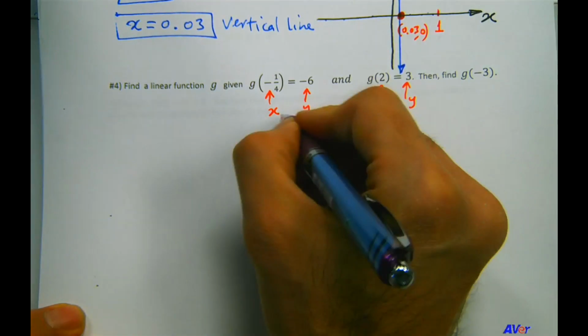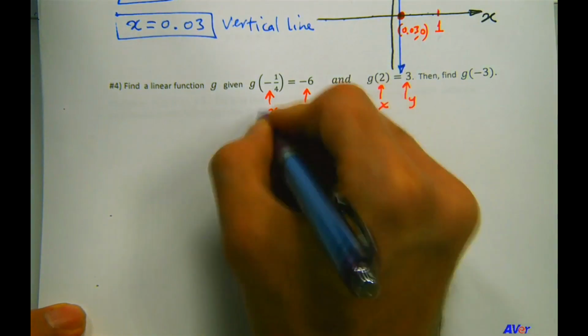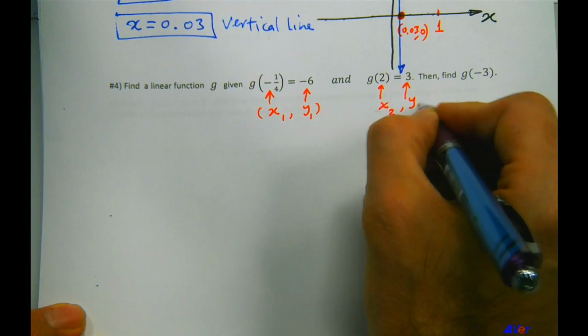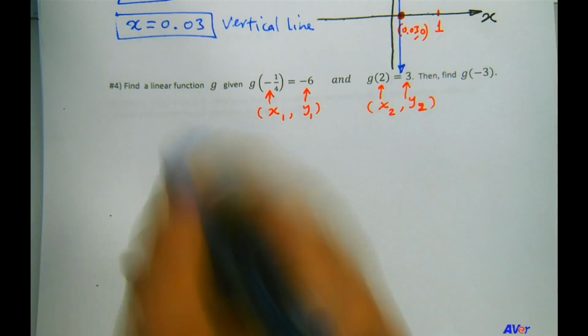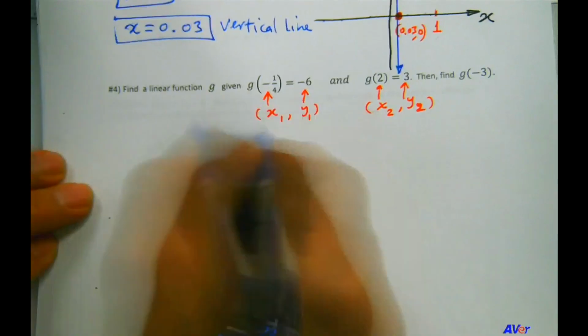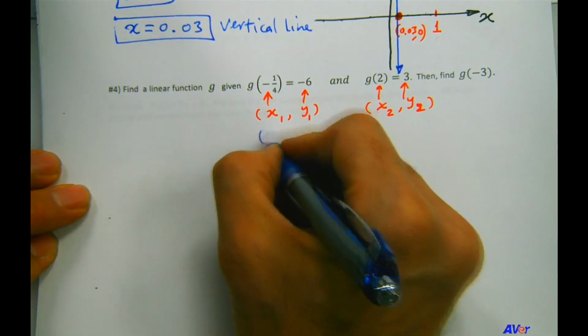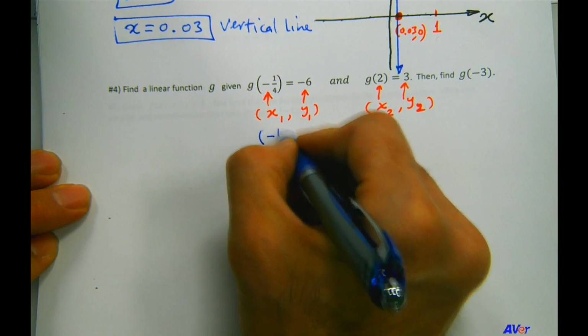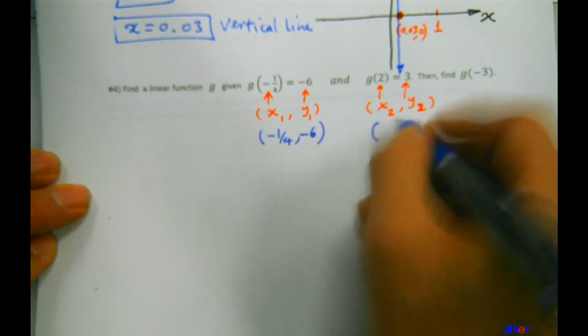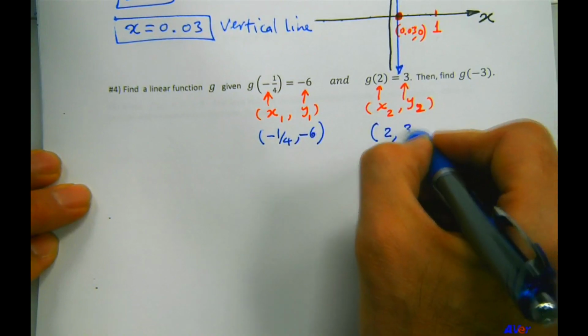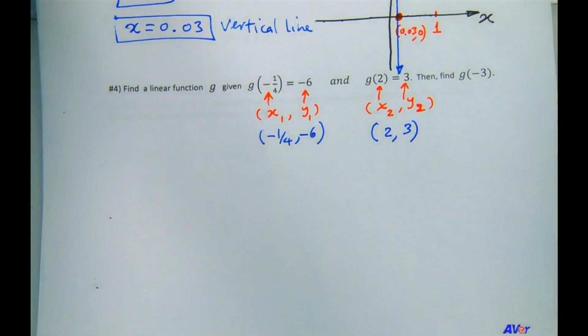So let's call this x1, comma y1, and that one x2, comma y2. For the sake of convenience, let me write them like this. So we have minus 1/4, comma negative 6, and 2, comma 3. Does it make sense? I hope it does.